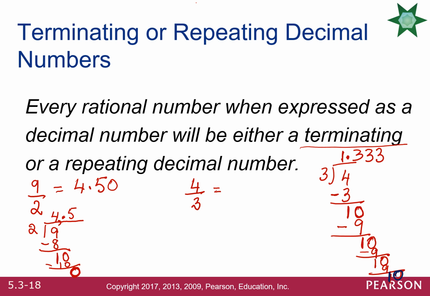So this is an example of a repeating decimal. 4 divided by 3 in decimal can be written as 1.333. You can keep going on and on, and because it is a non-terminating decimal, you just put a bar over the last 3, which indicates that this is a non-terminating repeating decimal number.